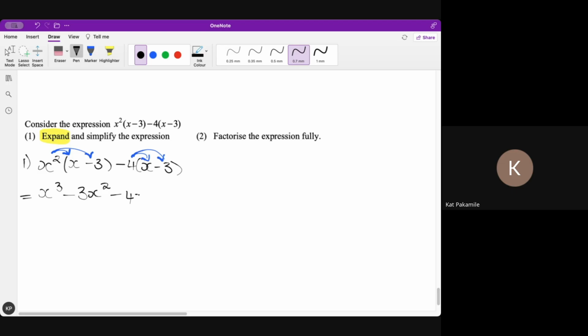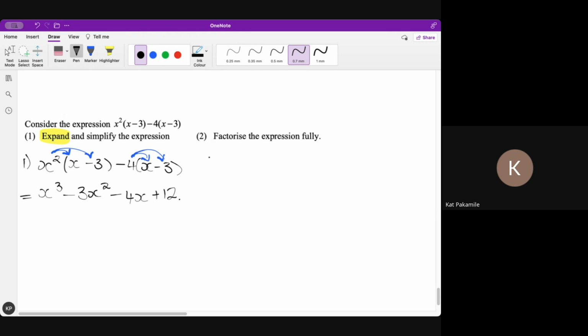And negative 4 times negative 3 would give us a plus 12. Is there anything further I can do with this question? No. So you're done. If there was something further, it would have been adding like terms, but we don't have like terms over here.